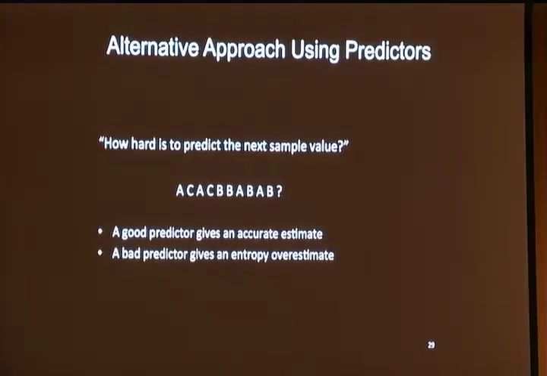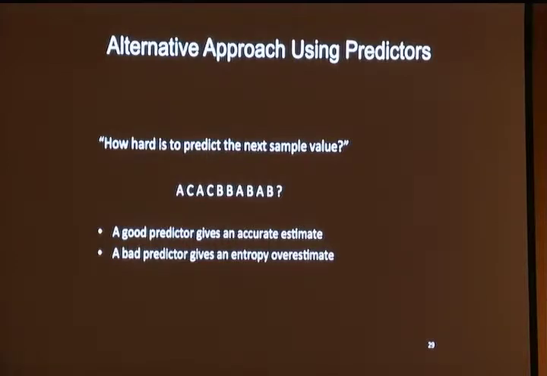Now, since we're interested in how hard it is to predict our cryptographic keys, we are thinking: okay, we observe these samples, A, B, C, B, A, B, A, B, A. How easy is it to predict the next sample value? So we wanted to estimate entropy based on such predictors.